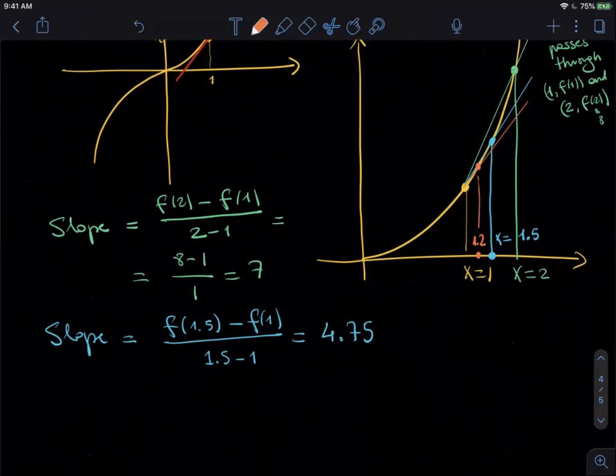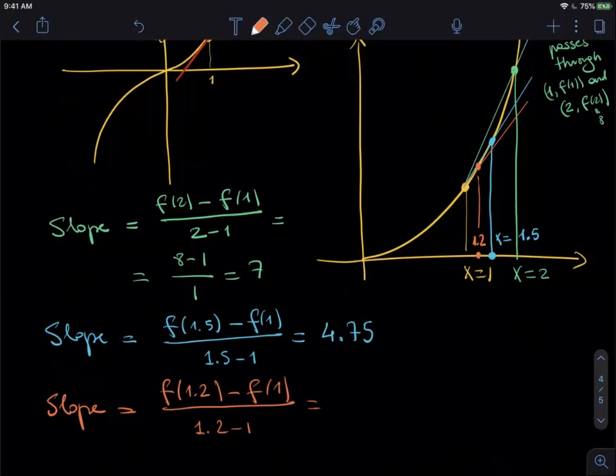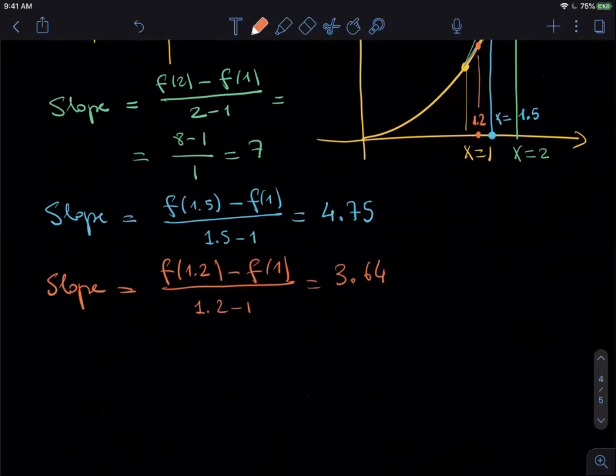We can see that it's still a secant, but it's getting there. You see the approximation, how it's working there? So f of 1.2 minus 1 divided by 1.2 minus 1, and this is going to be, if you compute it, 3.64. Okay, and we can keep going.